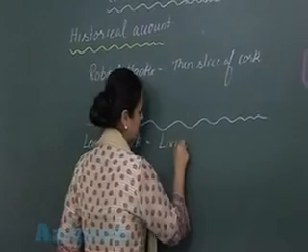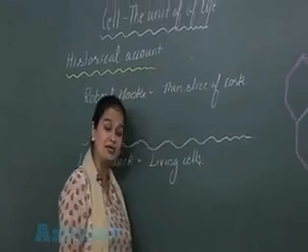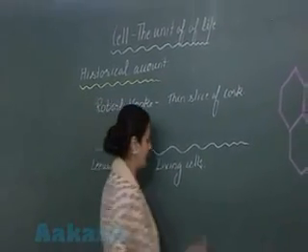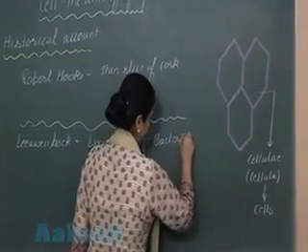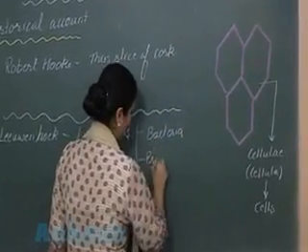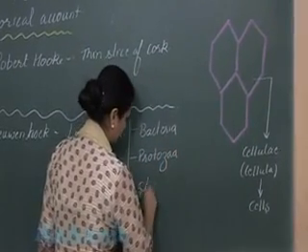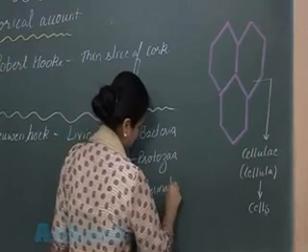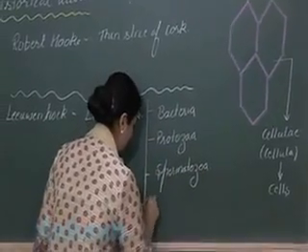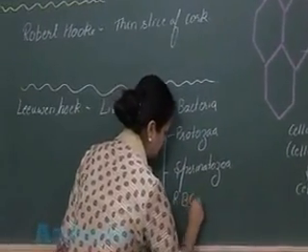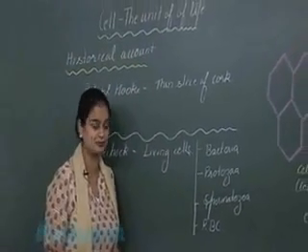For the first time, he observed living cells. So the living cells that Leeuwenhoek observed were bacteria, protozoa, spermatozoa, and RBC. It is very well known to you, RBC, that is the red blood cells.